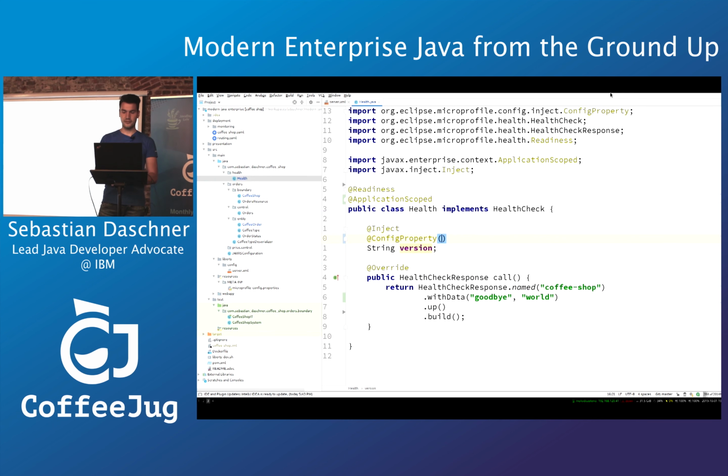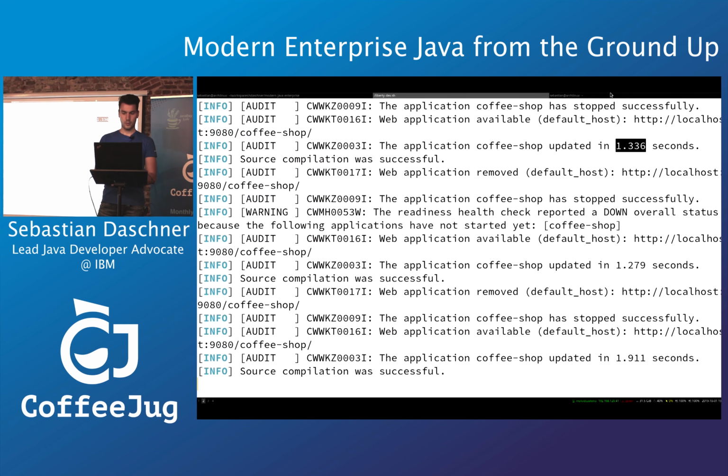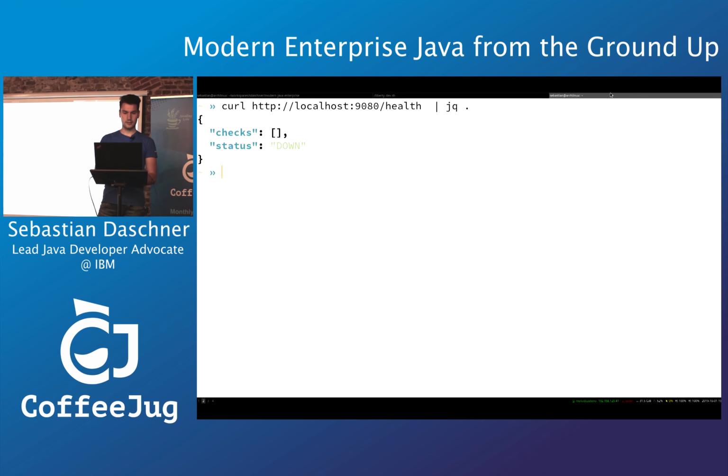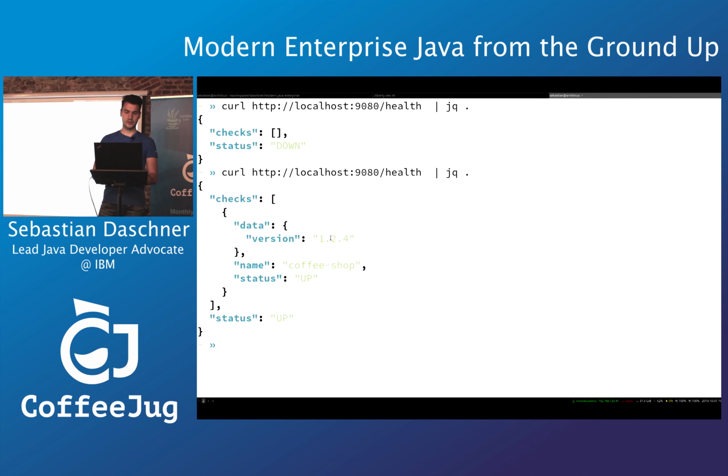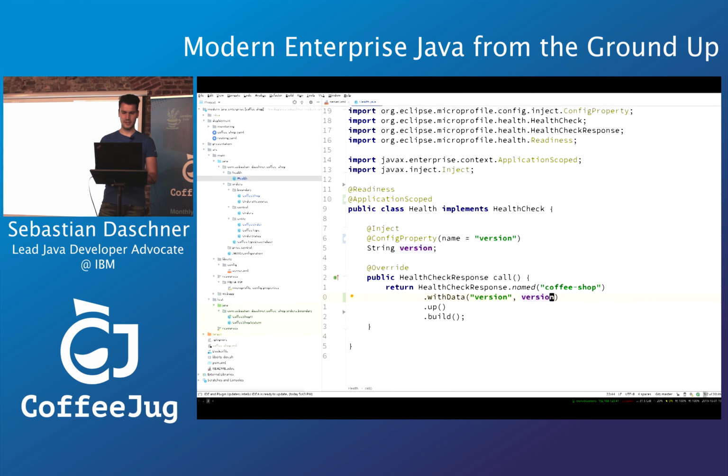And now I can configure that for a specific name, for a specific configuration key, such as version, and then I can use that with version in my code, wait for the reload, and then see, okay, now I have a configured version, 124. Okay, where does this version come from? That's weird.